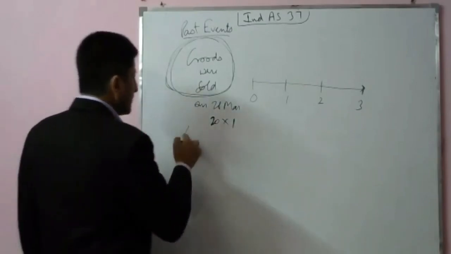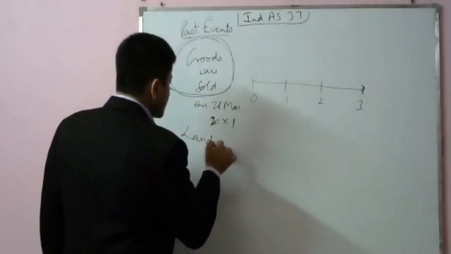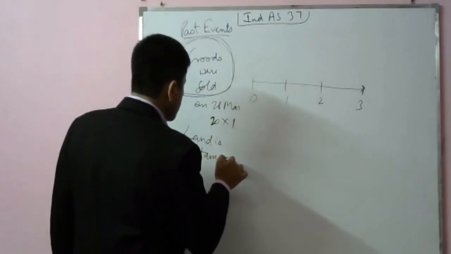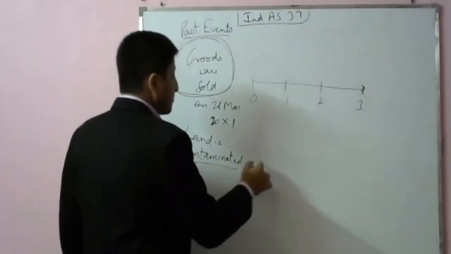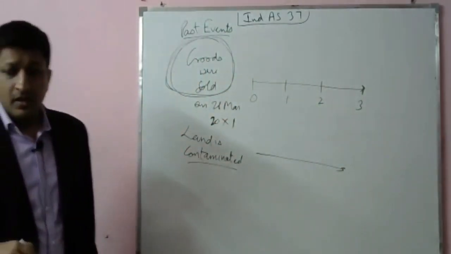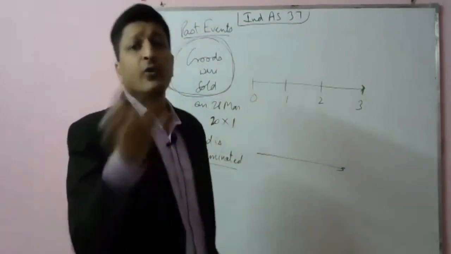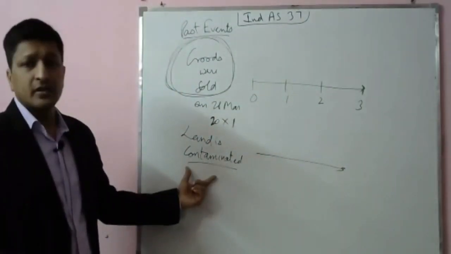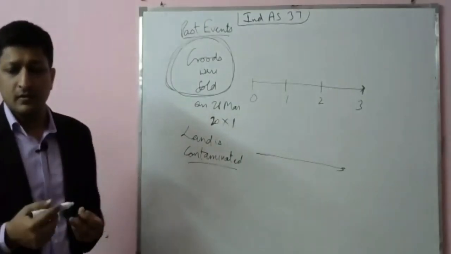Land is already contaminated, because of which obligation arises and because of which outflow will result in future. So this event is past.